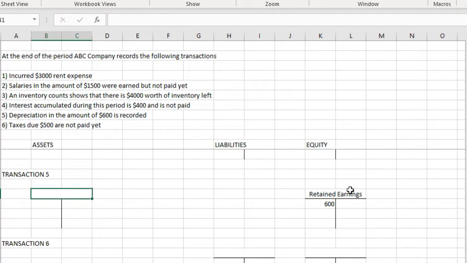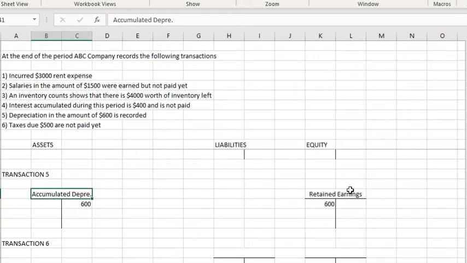And then on the asset side we are going to increase an account called accumulated depreciation, and that's going to increase by $600.